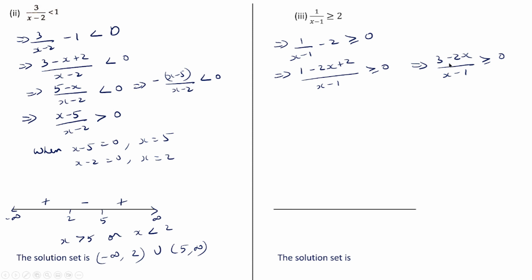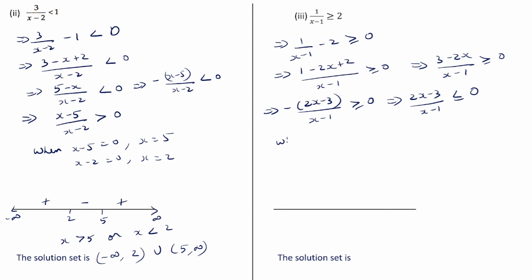So let us make it positive. So from this we get minus of 2x minus 3 upon x minus 1 greater than or equal to 0. If we multiply both sides by minus 1, then we will get 2x minus 3 by x minus 1 less than or equal to 0.